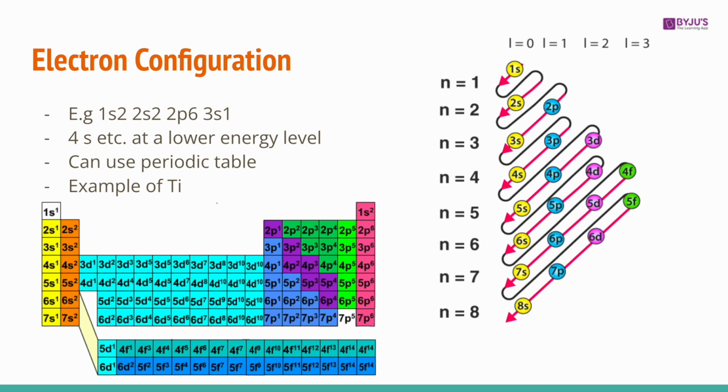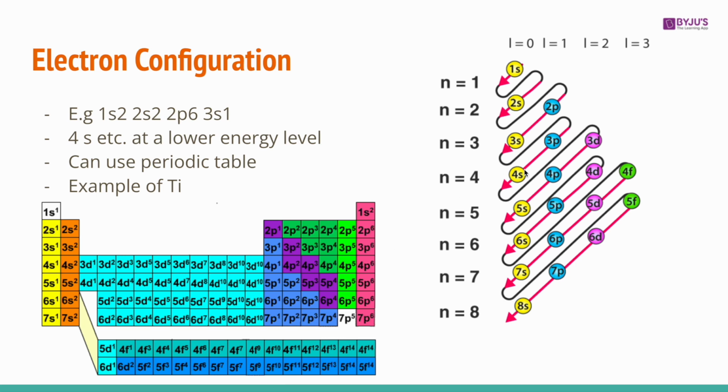Now, the third energy level also has a d orbital, but crucially, this d orbital is at a higher energy level than subsequent s orbitals. Now, what that means is that when we're writing out the electron configuration, we have to be mindful that after a 3p is written, we would typically then progress to a 4s, and providing the 4s is full, we would then go to a 3d again.